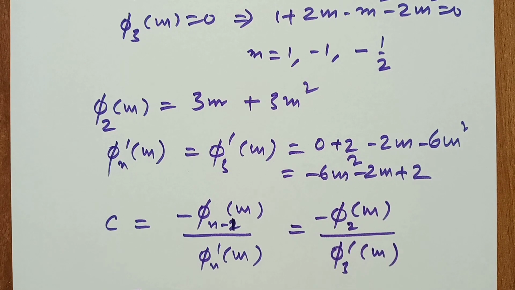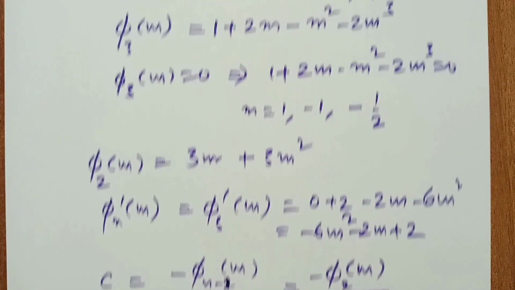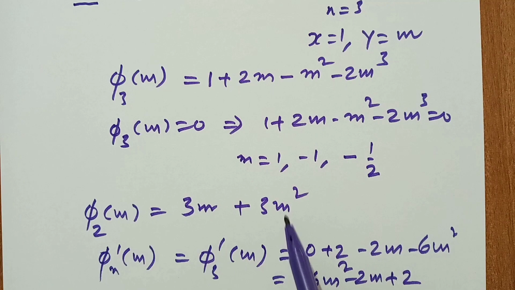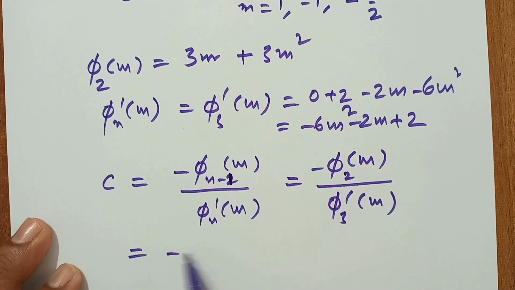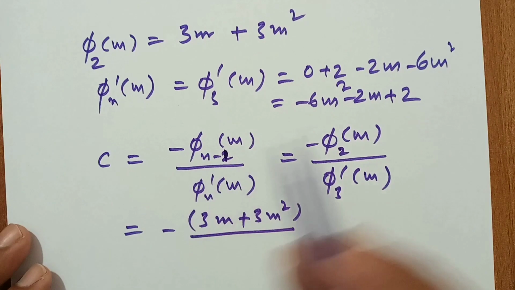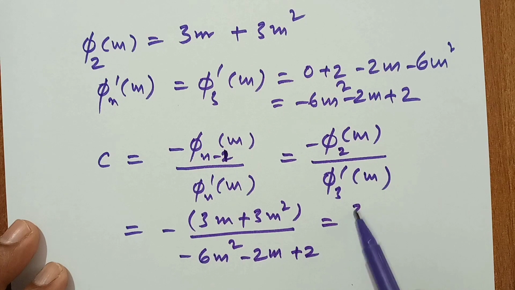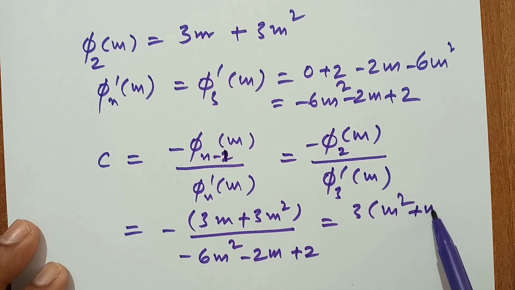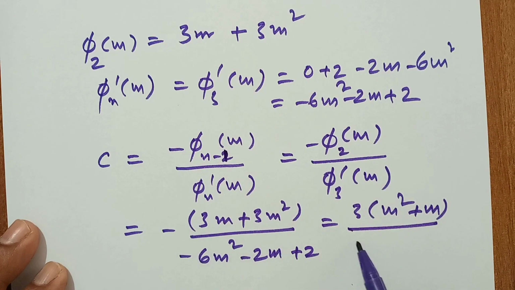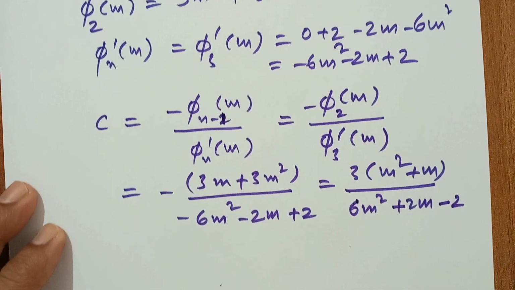Phi 2 m is 3m plus 3m square, so here it is minus 3m plus 3m square upon phi 3 dash m, which is minus 6m square minus 2m plus 2. So this is equal to 3m square plus m upon 6m square plus 2m minus 2. So this is c.